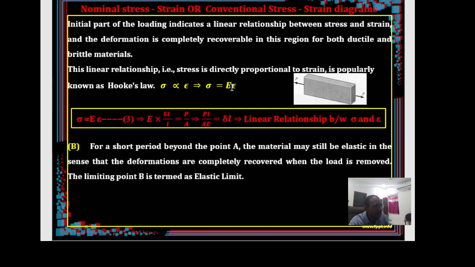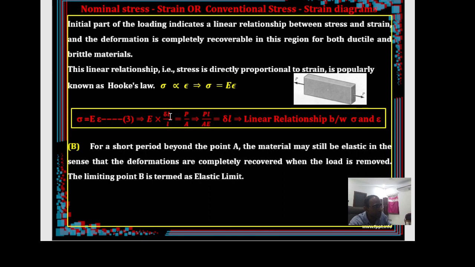Sigma is proportional to epsilon, replaced by a proportionality constant E called Young's modulus, so sigma equals E epsilon. You can substitute stress as load by area, and strain as delta L by L.